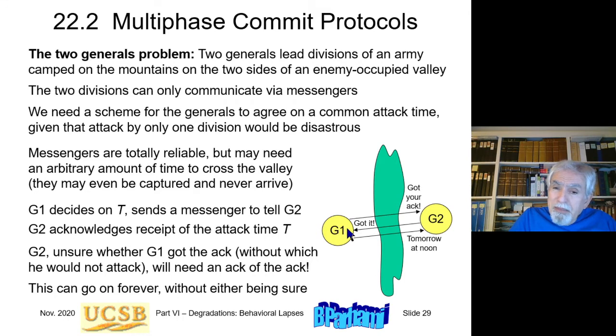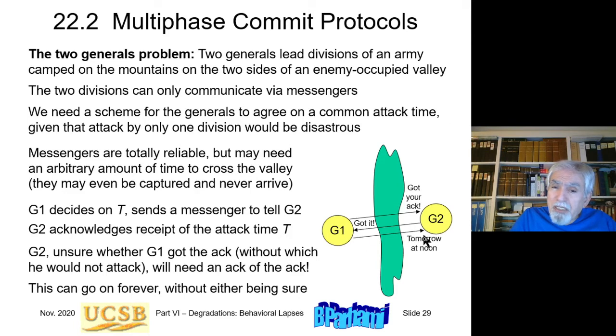They want to attack and take that territory, but they have to coordinate their actions so that they both attack or neither one attacks, because if only one of them attacks and the other does not go along, then that one general will be defeated because he won't have enough forces to defeat the enemy.